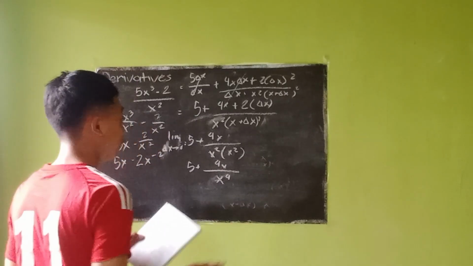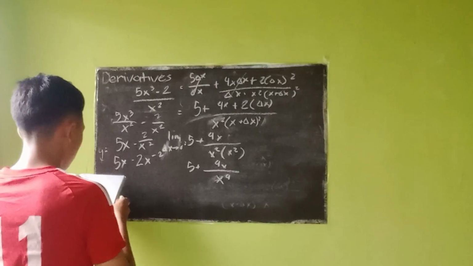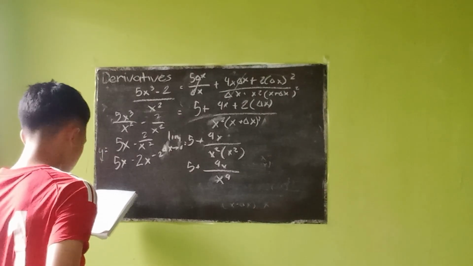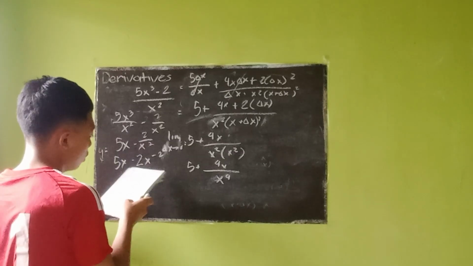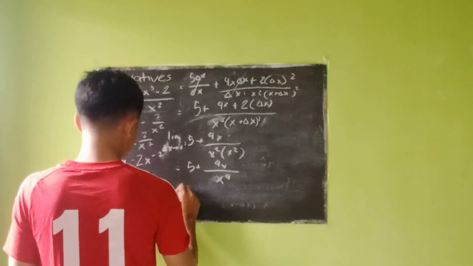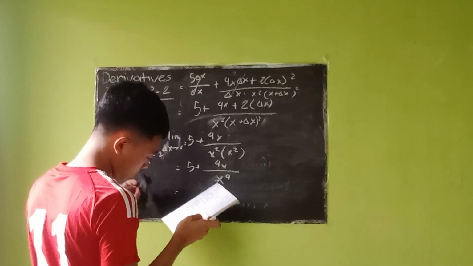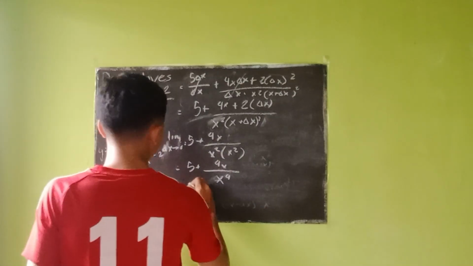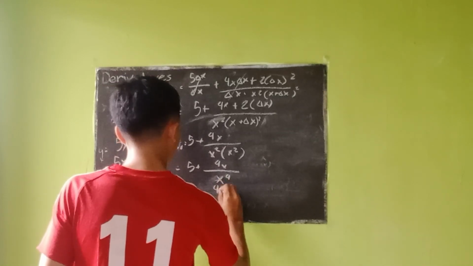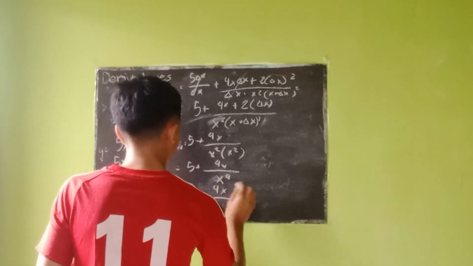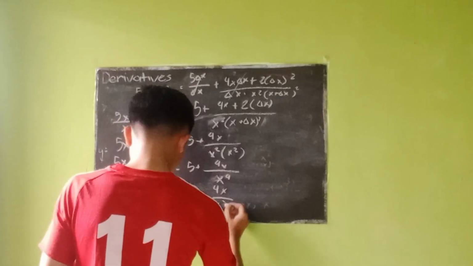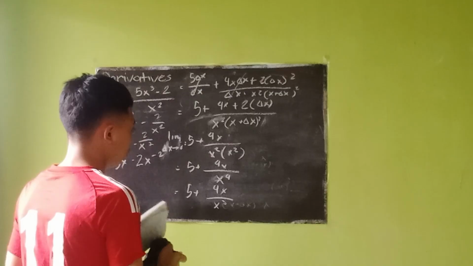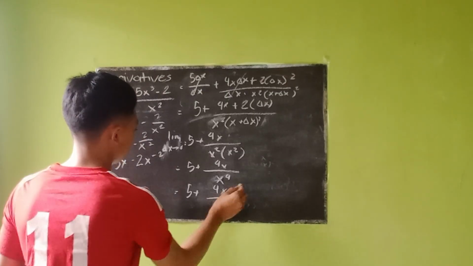Now, we're not done yet because we still have to reduce that to 3. So we'll also have 5 plus 4x over x raised to the power of 3. So this is the final answer.